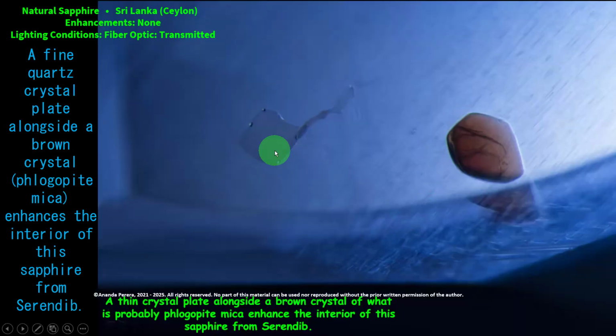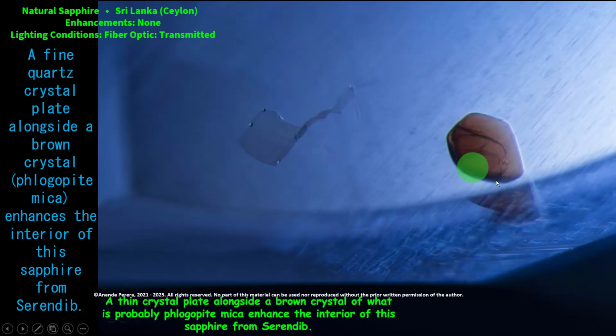See, the lighting condition here is fiber optic transmitted. A fine quartz crystal plate alongside a brown crystal. The brown crystal is here, and the fine quartz crystal plate is here. It is phlogopite, phlogopite mica, enhancing the interior of this sapphire from Sri Lanka.